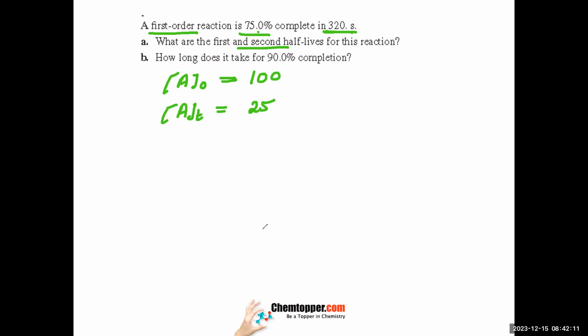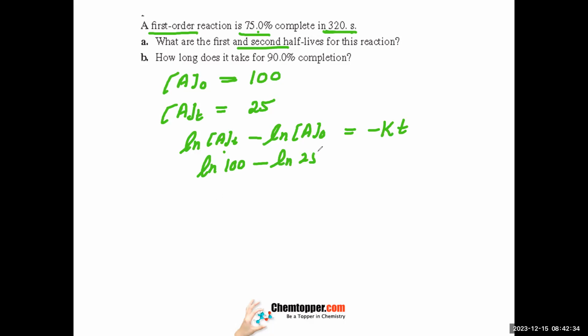Then I can use this equation: ln At minus ln A naught is minus kt. What is At? 100. What is A naught? 25. K I want to know. Time 320 seconds. Solve it.